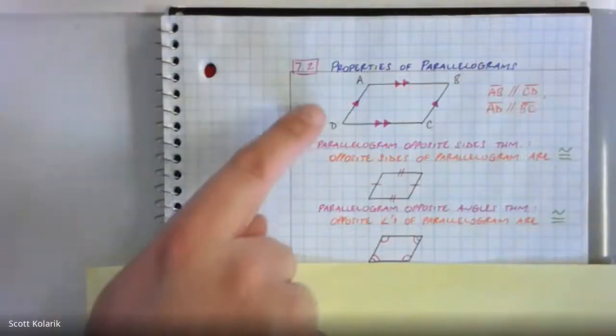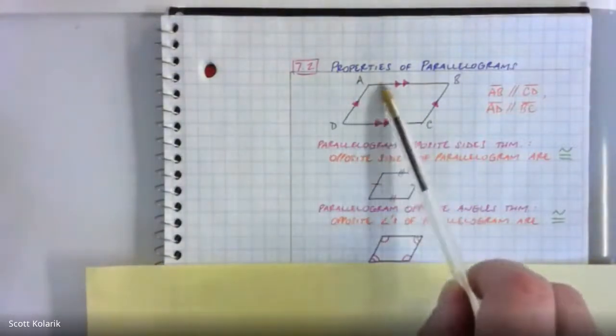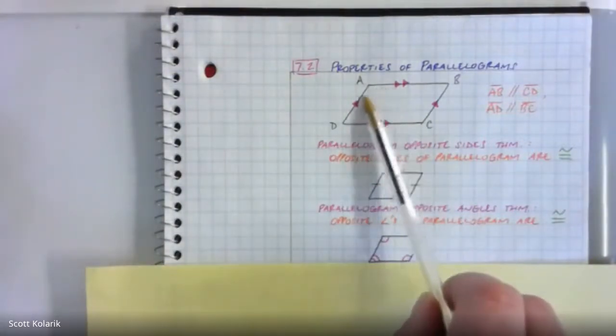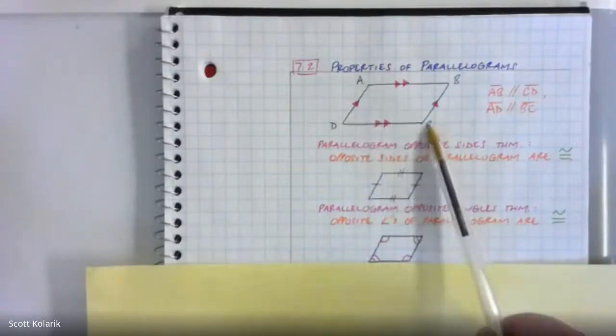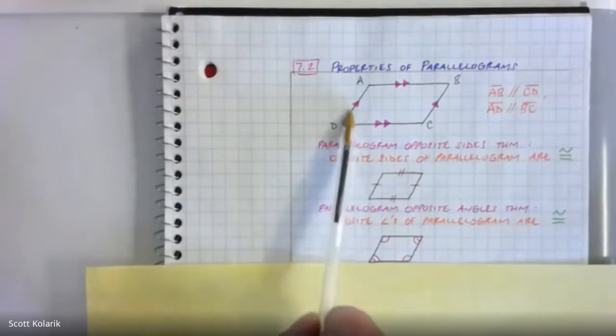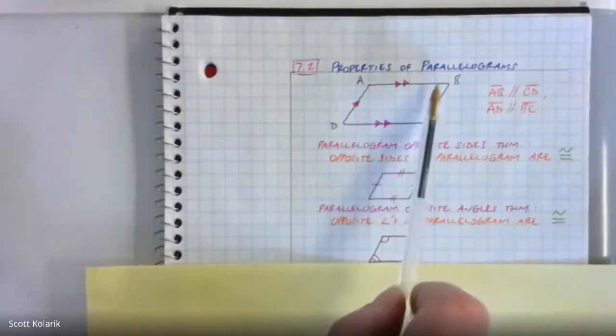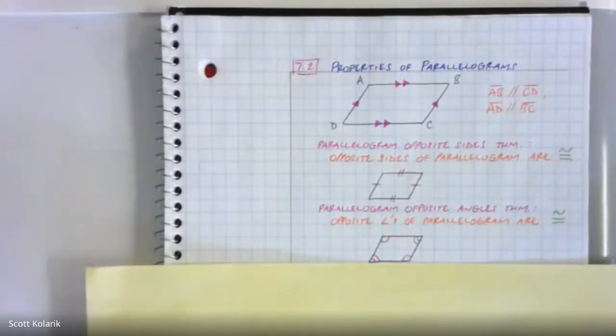So for instance, again using our larger example at the top of our notes, angle A, whatever degree measurement it has, would have to match and be the exact same as angle C down here. It's the opposite angle going diagonal across the parallelogram. And similarly, angle D right here, a little more acute in this case, whatever measurement it has would have to match angle B up over here, diagonal to it.